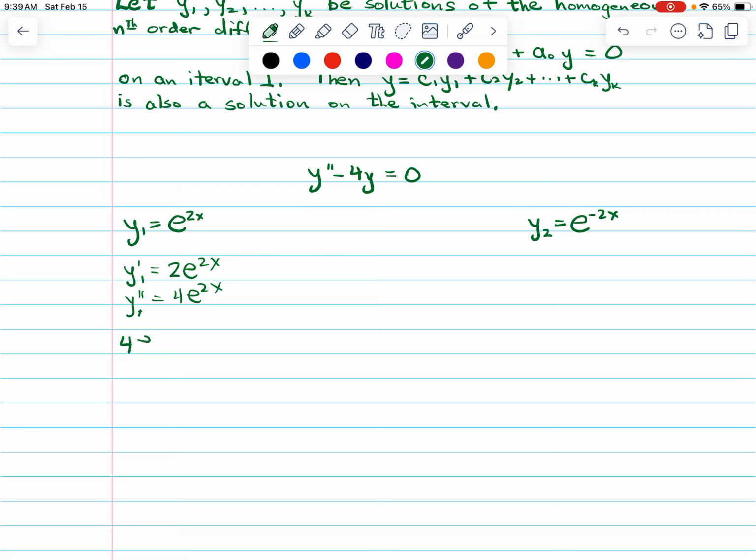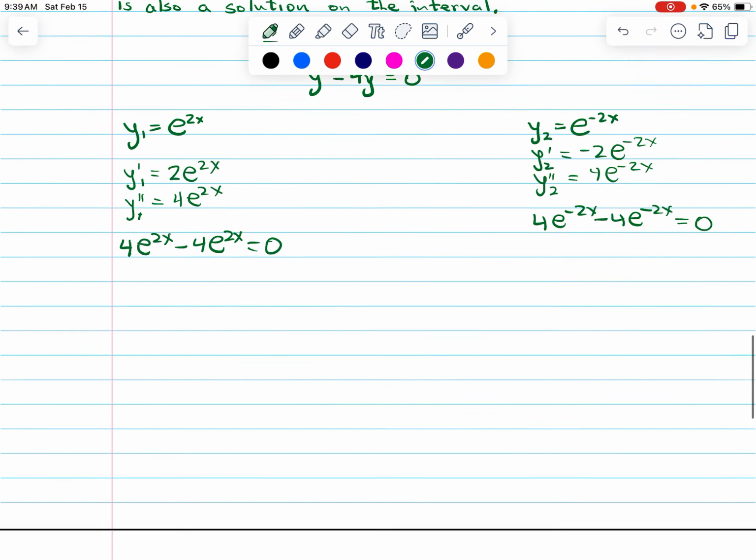So I've got 4e to the 2x minus 4 times e to the 2x, that's a solution. Look at that. I just plugged in there. Now let's try y2. y2 prime is equal to negative 2e to the negative 2x. Let's try the double prime. And I get 4e to the negative 2x. And now if I plug that in, 4e to the negative 2x minus 4 times e to the negative 2x, that's a solution as well. So they're both solutions.